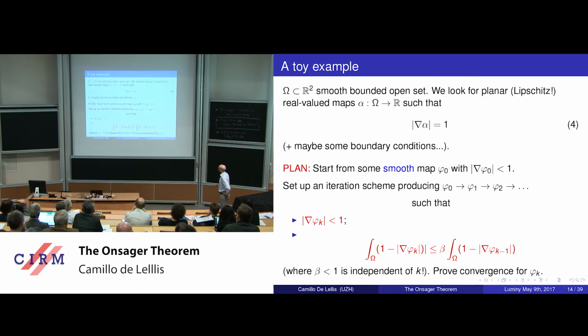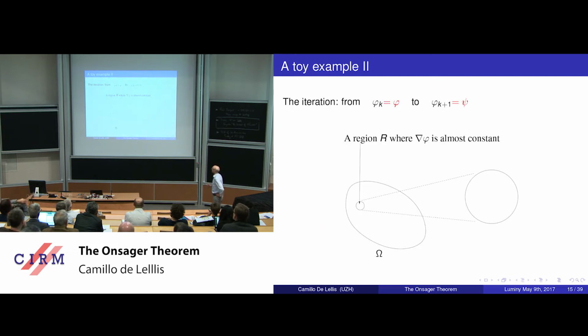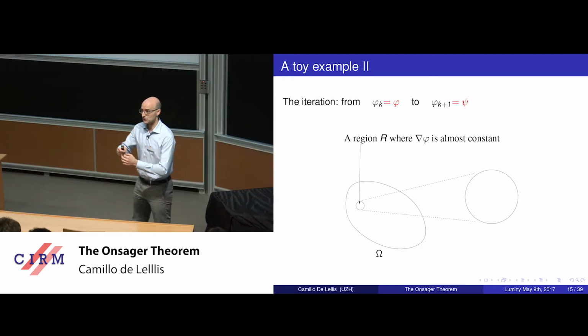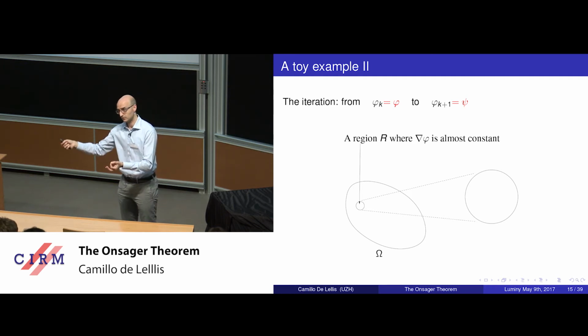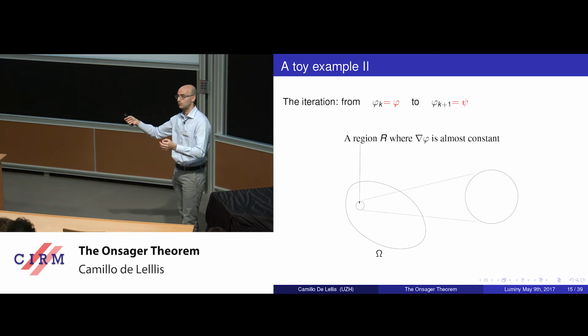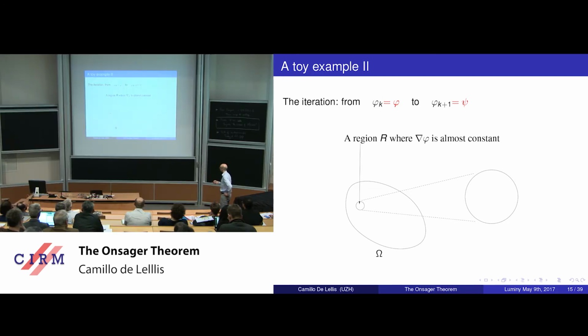Of course, proving strong convergence for phi k is not easy, but let me give you an idea on how you set up the iteration. I'm passing from one function of the iteration to the next one, ignoring what happened before. At each step, I'm just taking the function that I got before and upgrading it to a kind of sub-solution of the eikonal equation, which gets closer to being a solution.